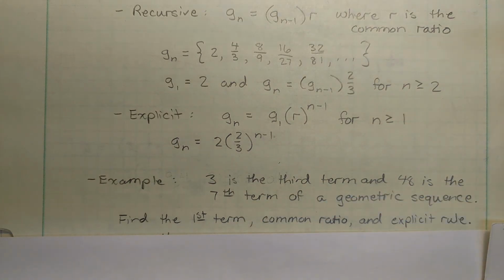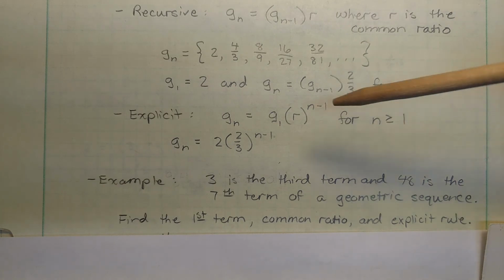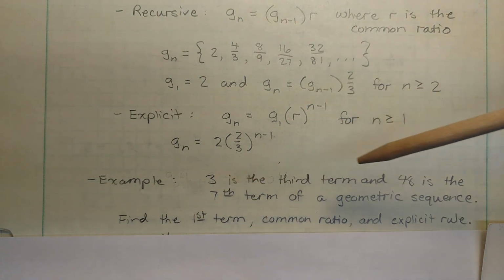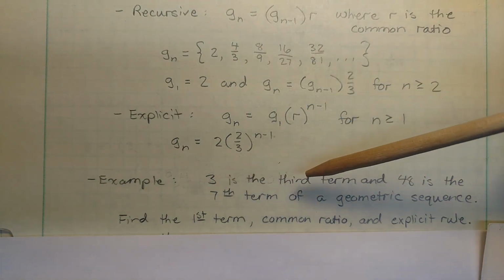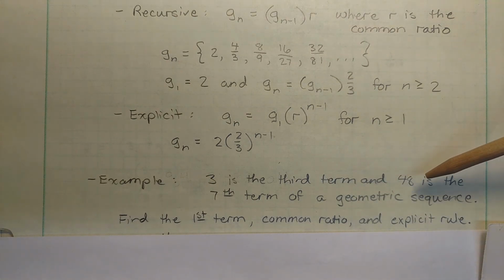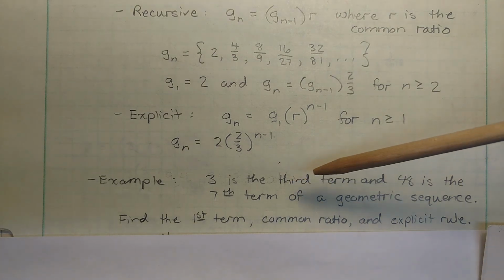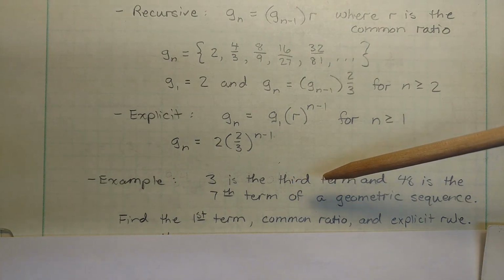So there's a few different ways that we could do this. There are very intuitive ways, but there are also more specific ways that we can do it. So notice we do know that it is geometric. So going from the third term to the seventh term, I have to go fourth, fifth, sixth, seventh.